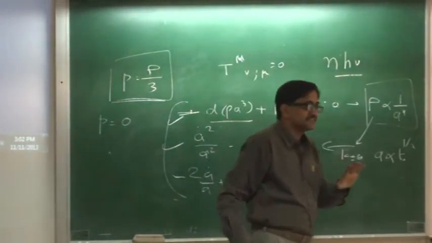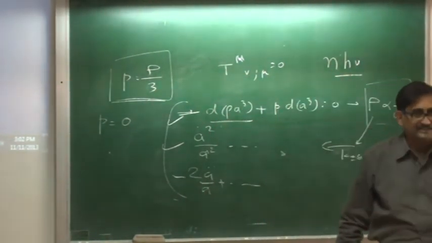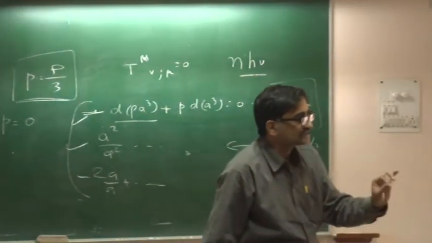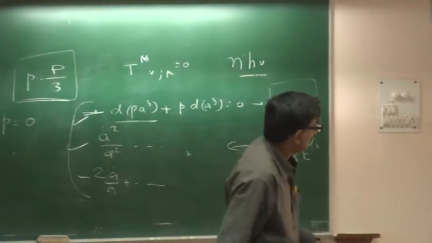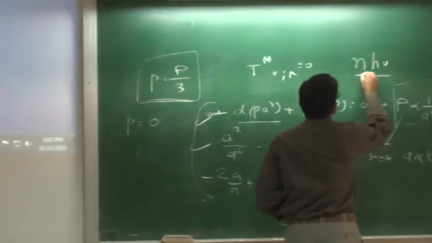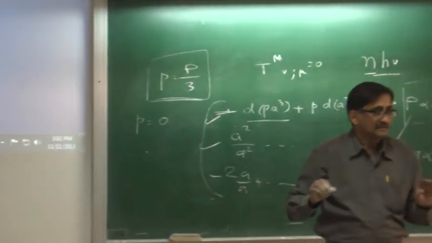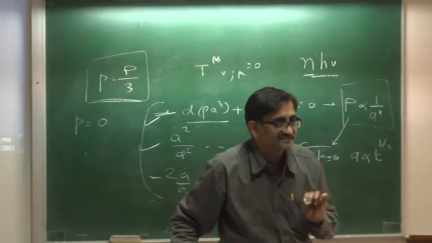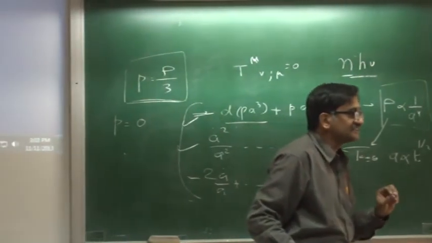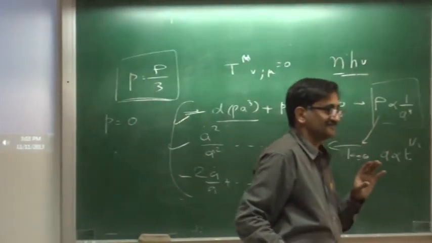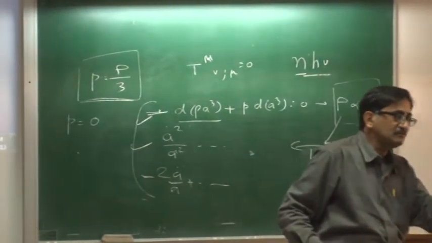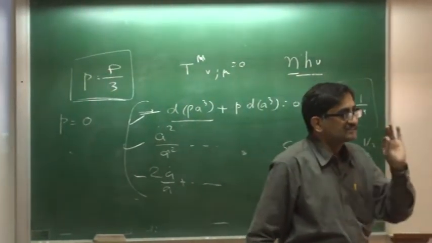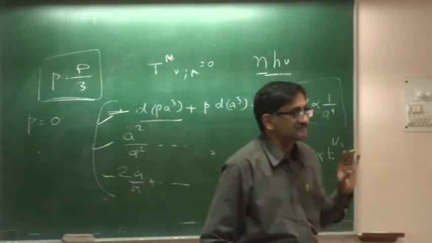Now the number density of anything by its definition goes down as 1 by volume. Now for the case of dust, the only energy density is the rest mass energy of particles, and the rest mass energy of individual particles does not change with the expansion.